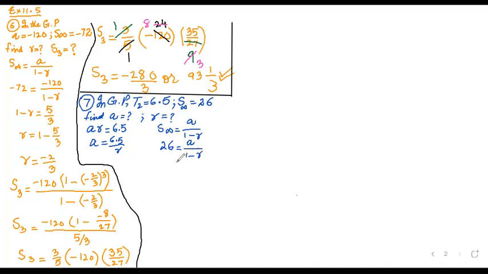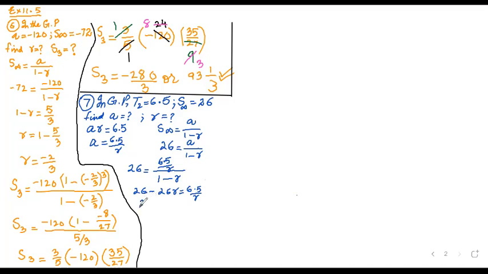So now using the value of A from this equation, 26 will be equal to the value of A from this equation, 6.5 upon R, upon 1 minus R. So this will become 26 minus 26R is equal to 6.5 upon R, multiplying R with all the terms of the left hand side.